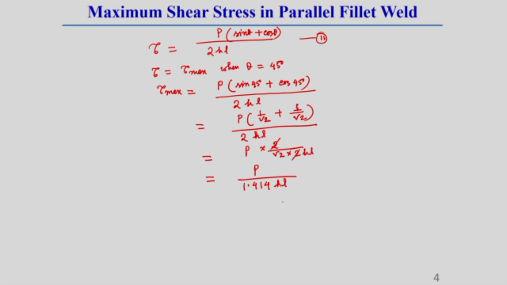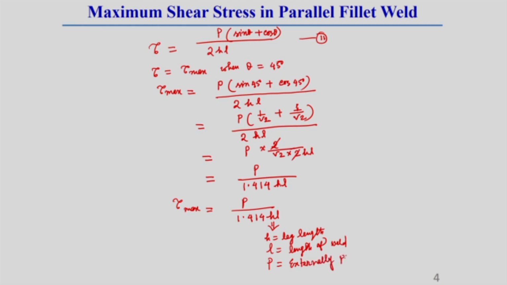So, this is the maximum shear stress. Tau max for a parallel fillet weld will be P by 1.414 H into L, where H is the leg length, L is the length of weld, and P is the externally applied parallel load.